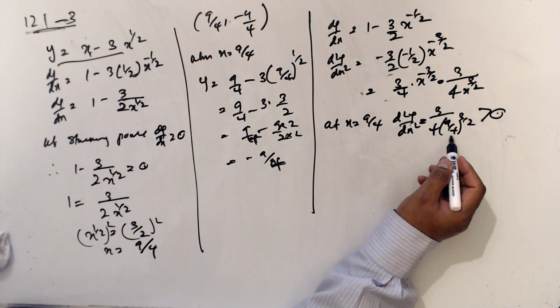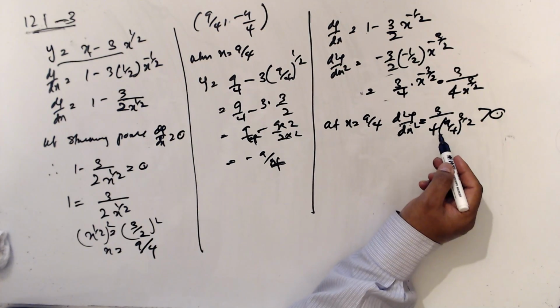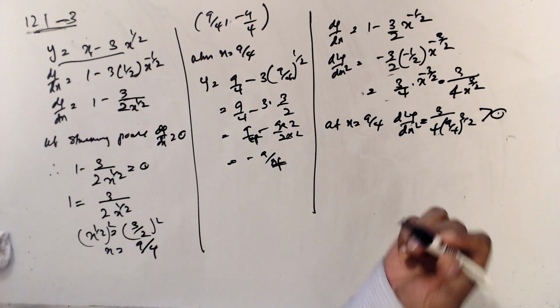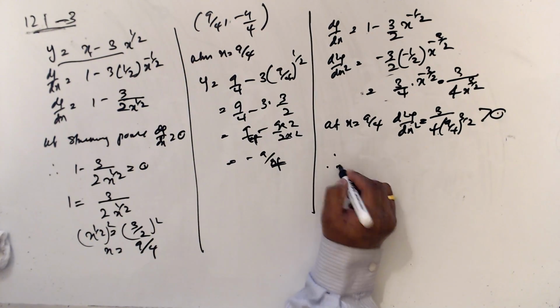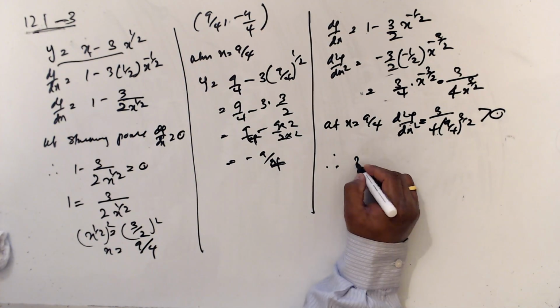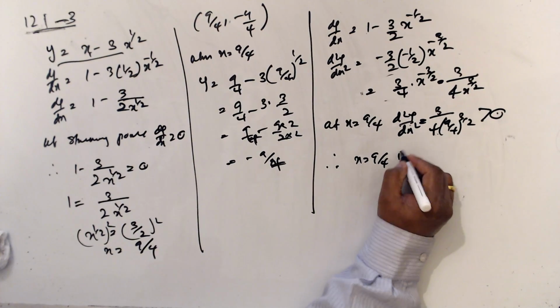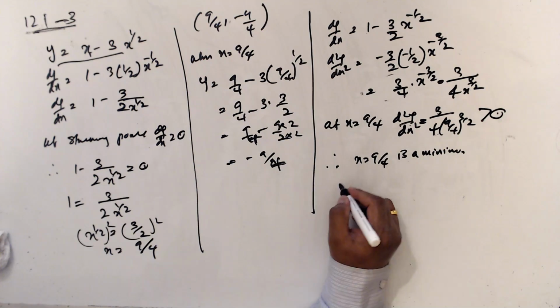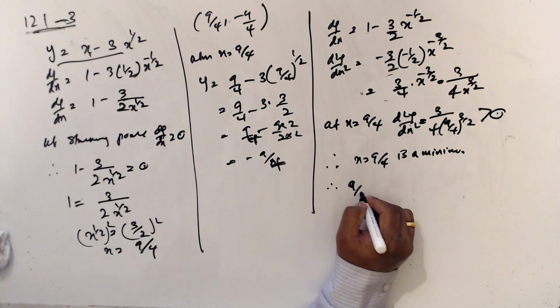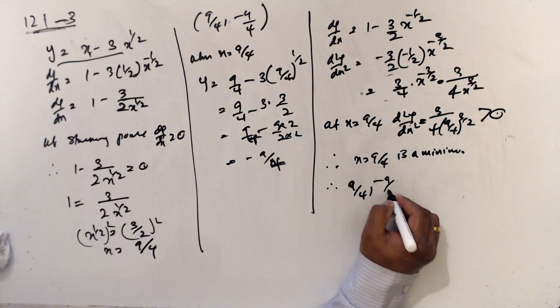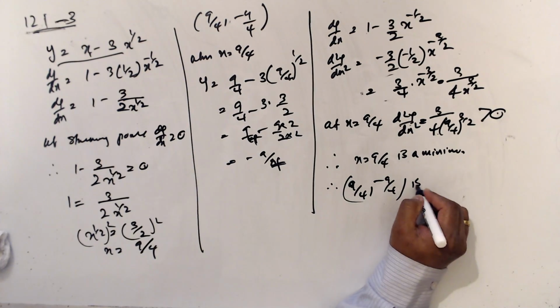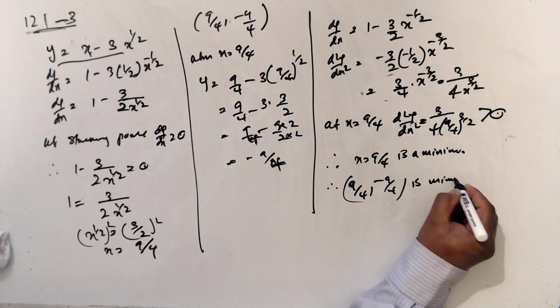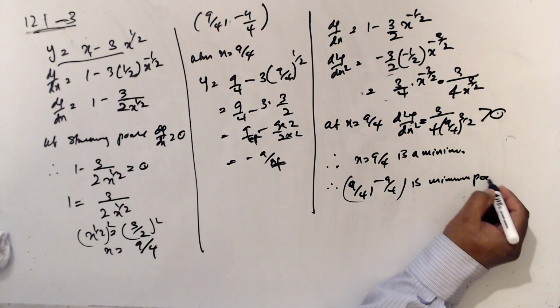We can see this is positive, hence x equals 9/4 is a minimum. Hence (9/4, −9/4) is a minimum point.